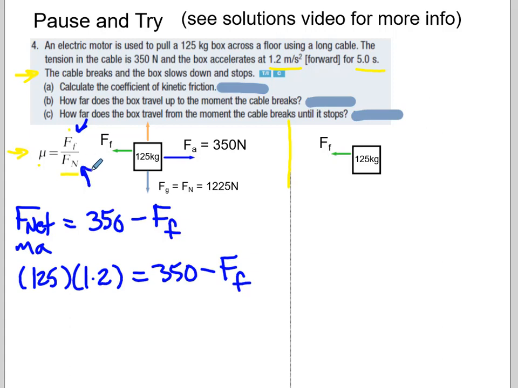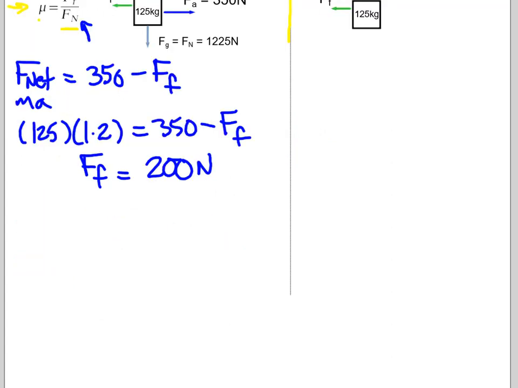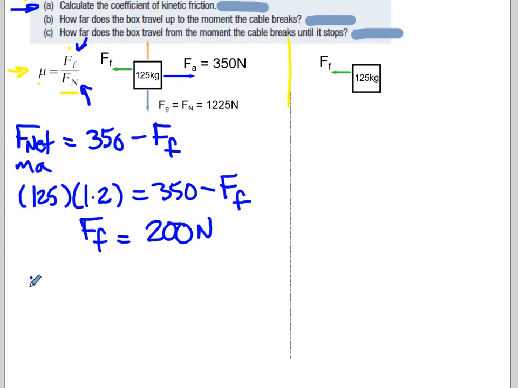I can calculate that missing mu, which is what part A was asking for. So if we rearrange this, we get a force of friction equals 350 minus 125 times 1.2, and we get 200 newtons. Now that I have that force of friction, I can take the normal force and find my mu value.